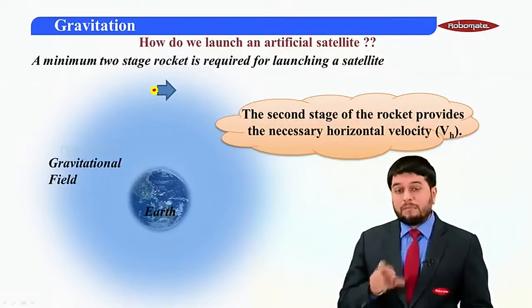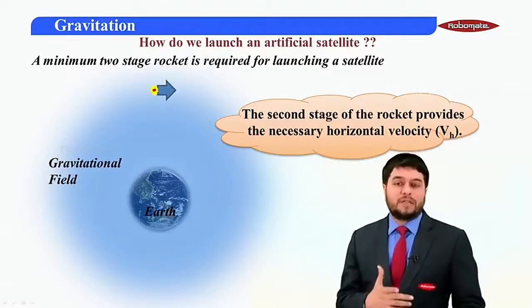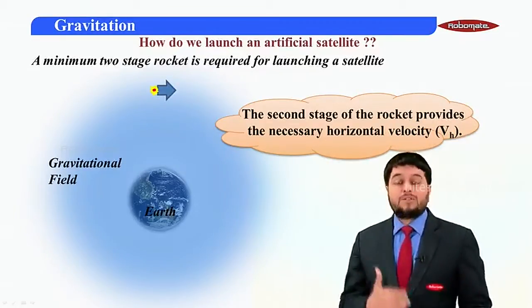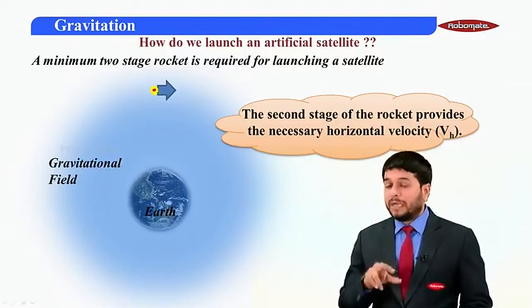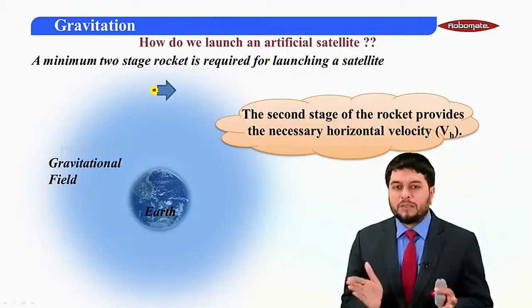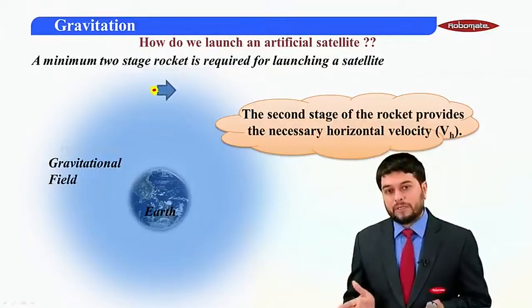Please understand, if you just give the vertical velocity, it's not sufficient. It also has to be given a certain horizontal velocity. Here we've just broken the trajectory velocity into two components.